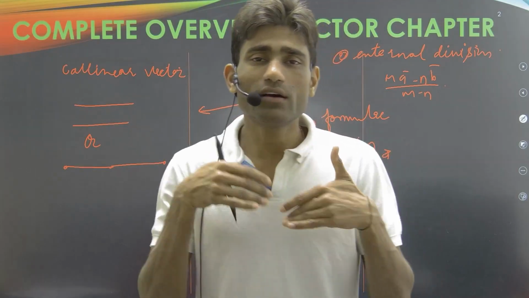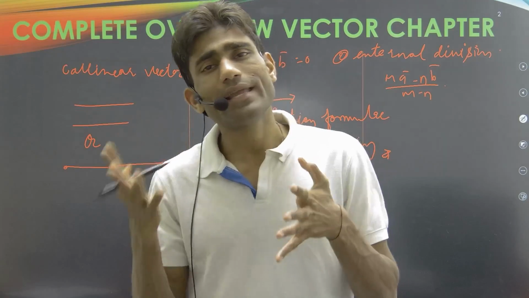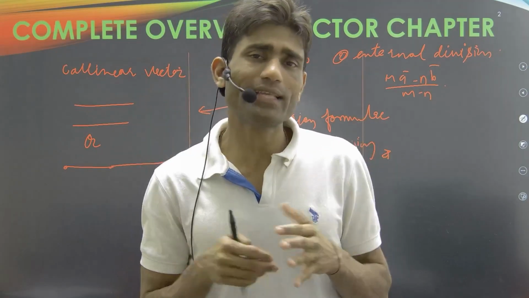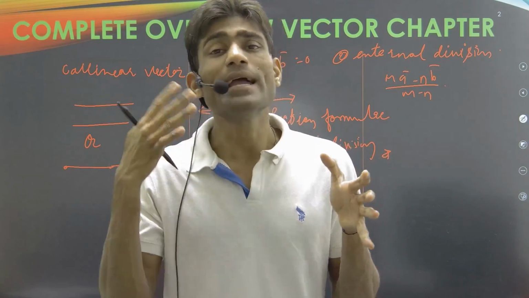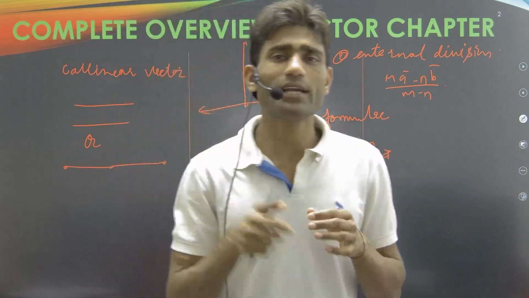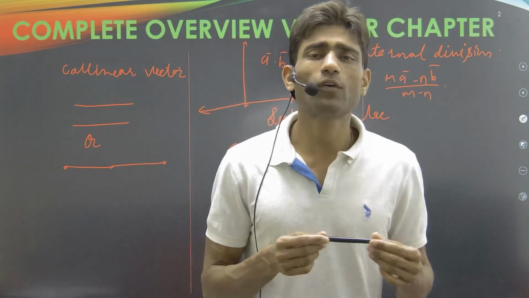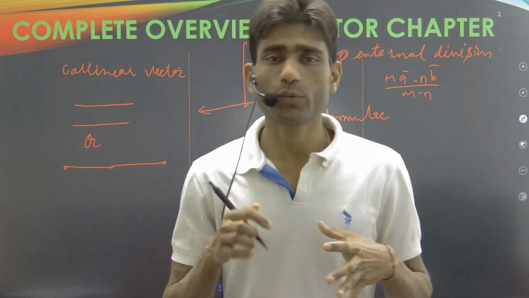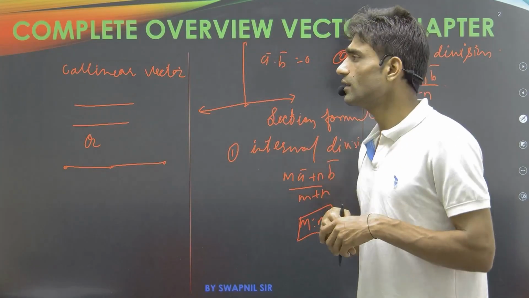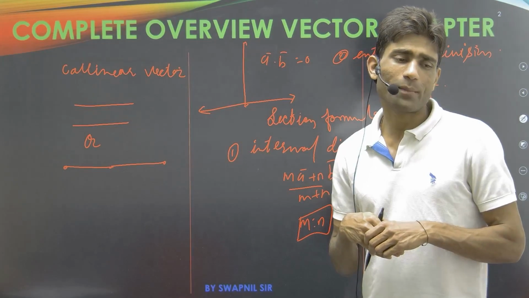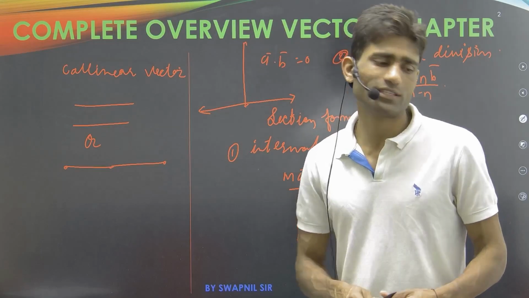For external division, we replace internal with external: if the third point divides line segment AB externally in the ratio m to n, then we apply the section formula for external division. So that's it for the section formula for internal and external division.